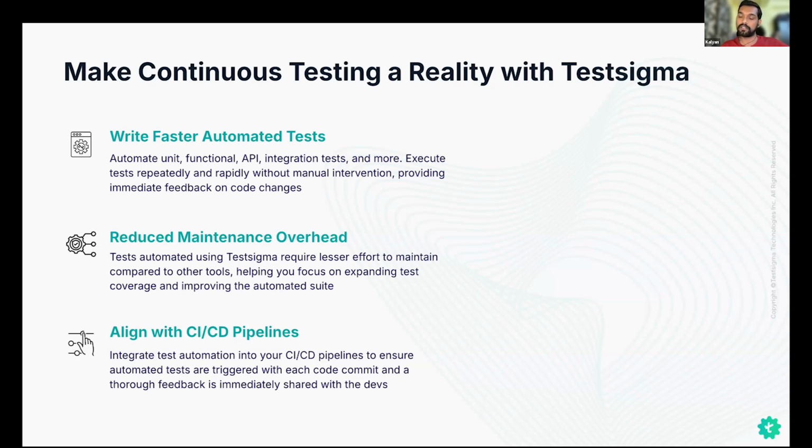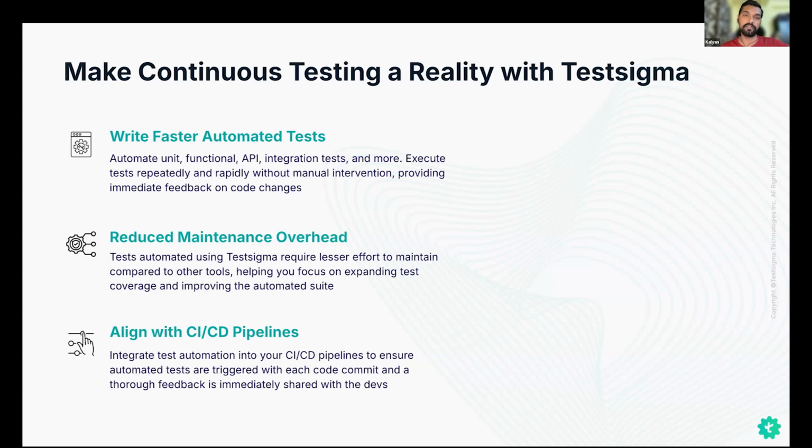Also, the other big problem we are solving through Testsigma is the need for reducing the overall maintenance effort. So a lot of these automated tests that people create, they require heavy maintenance. More than the test creation part, the maintenance effort takes a lot of time. So which is what we are solving for.